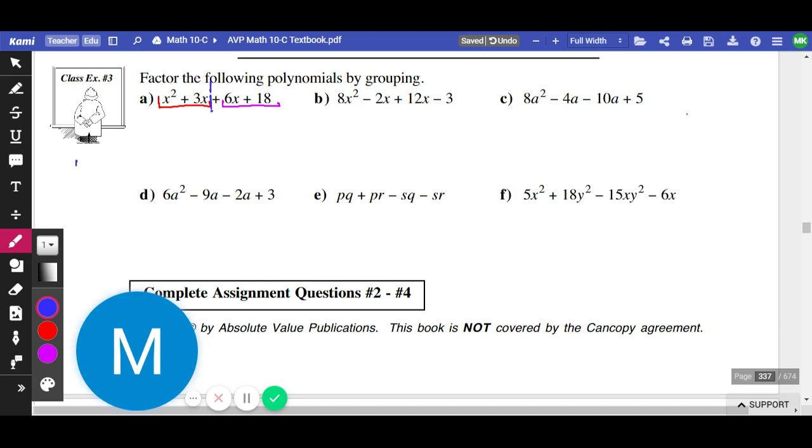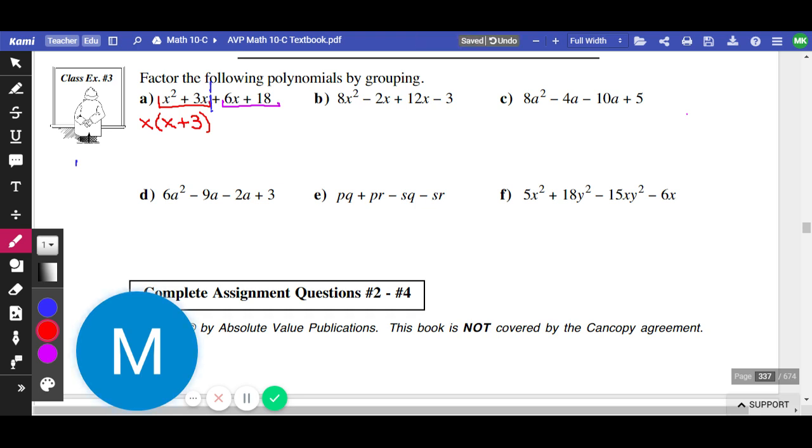On each side, you could do a greatest common factor. So if you look at the red side, I could take a GCF out of just the red side. What letter could come out of the red side? X. When I take X out, I get X plus 3. So I look at the red side, I take a GCF of X out.